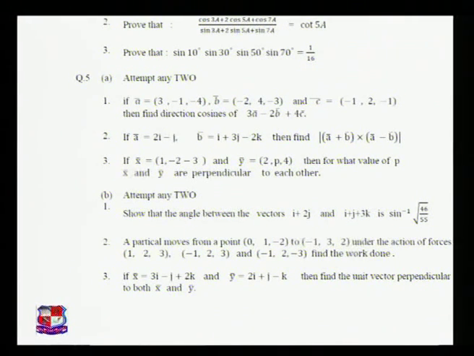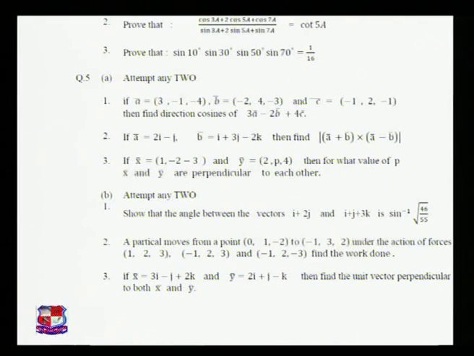We need to prove that the angle between these two vectors, theta, is equal to sine inverse of root 46 upon 55. Right? This is what we need to prove.